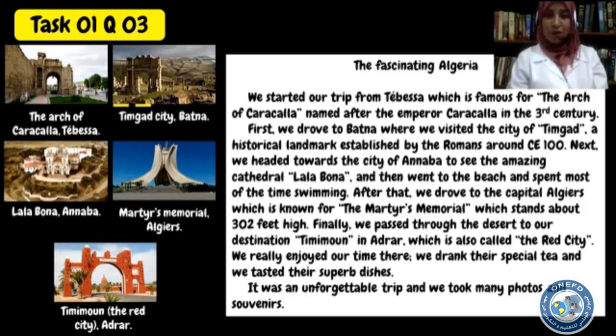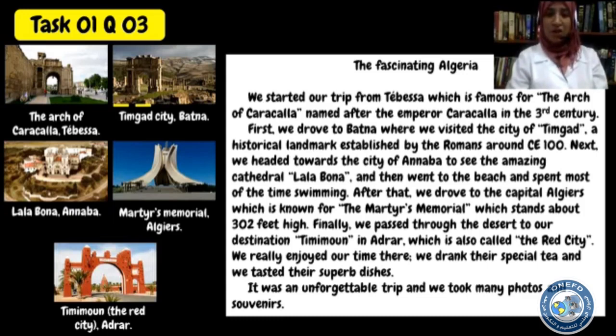After that, we drove to the capital Algiers, which is known for the Martyrs Memorial, which stands about 302 feet high. Finally, we passed through the desert to our destination Timimoun in Adrar, which is also called the Red City.